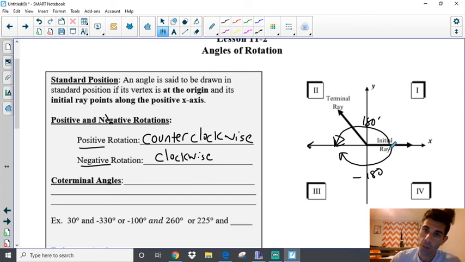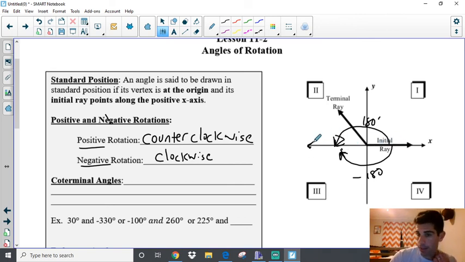Its coterminal goes in the other direction, which in this case would be the negative direction, and it would be negative 180 degrees. So by definition, a coterminal angle is an angle whose measure shares the same initial and terminal side.